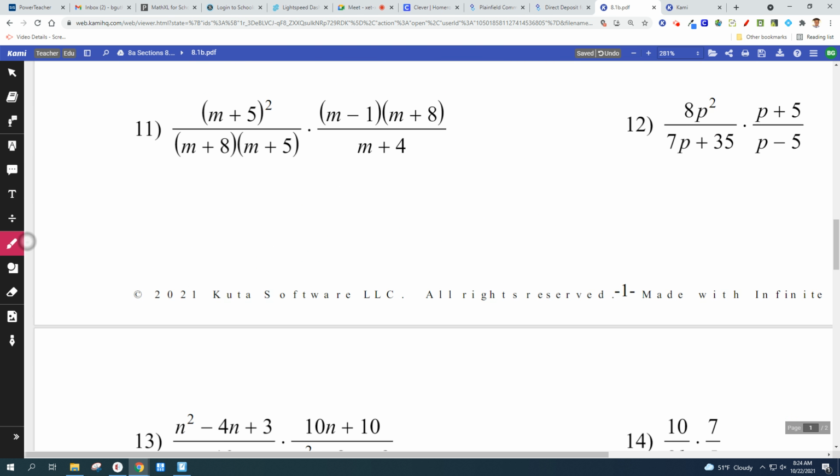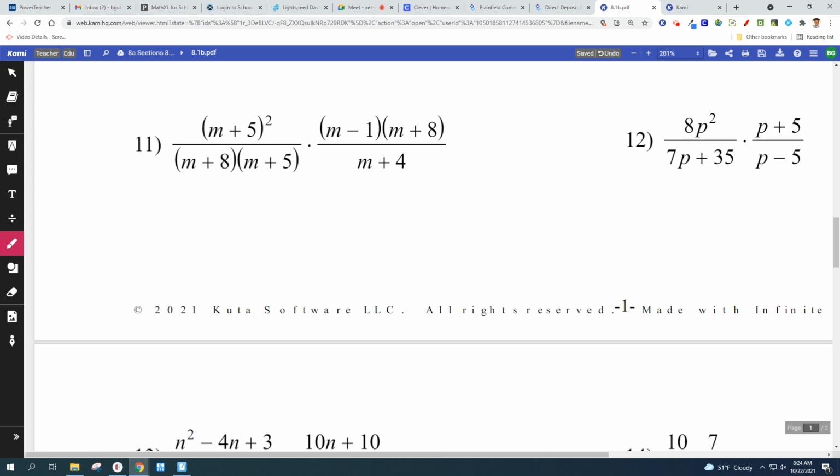All right. Now, number 11 looks kind of hard, but really it's easier because it's already done. The factoring is already done for us. All we have to do is say, well, let's just start canceling stuff. I can cancel an n plus 8. And I can cancel, notice how this squared means that there's n plus 5 twice.